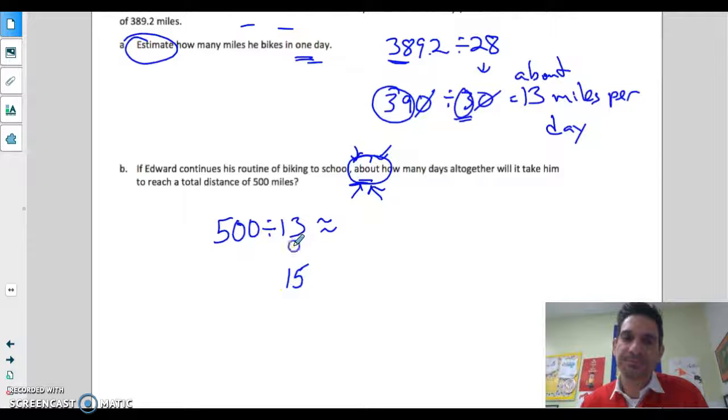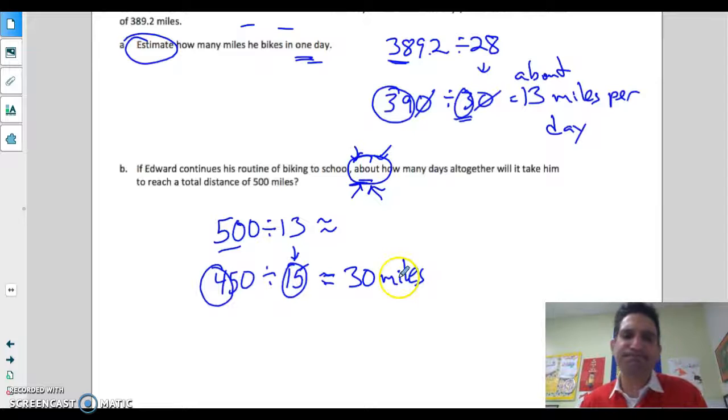If you could figure this one out, that's pretty impressive. A multiple of 15 that's around 50 is 45. So 45 divided by 5 is 3, and a 0. So it'll be about 30 days.